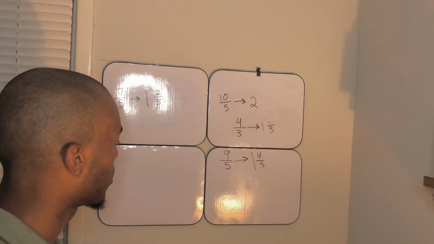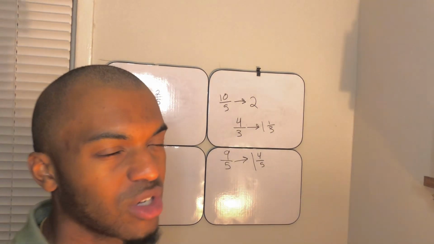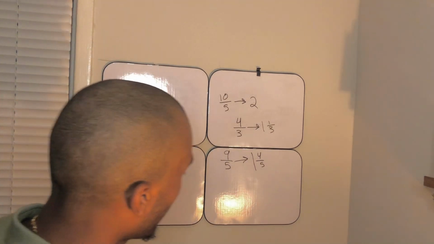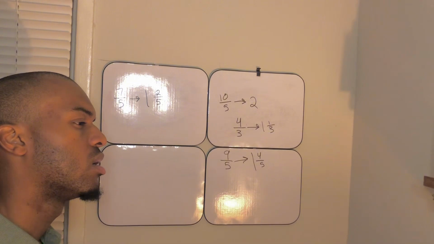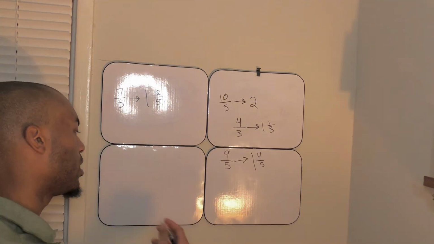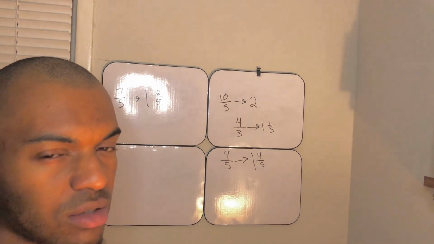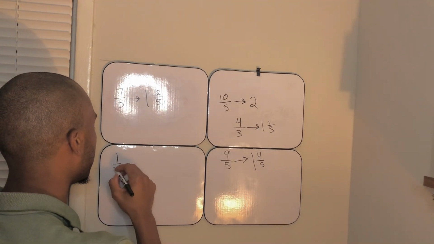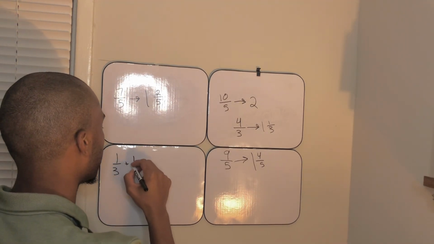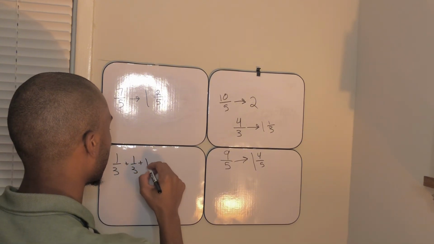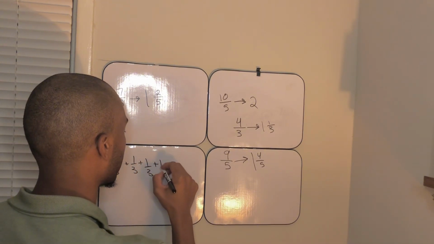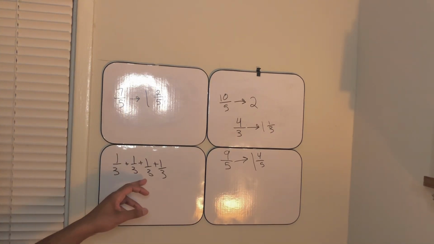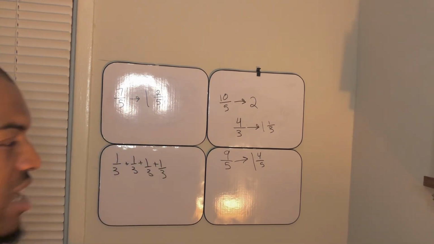Now let's talk real quick about some conceptual things. I'm gonna start off with a little problem. Let's say we have 1 over 3, 1 over 3, 1 over 3, 1 over 3, and we're adding all these together.